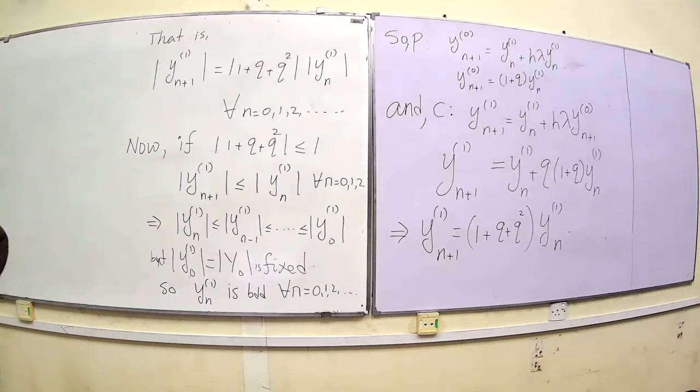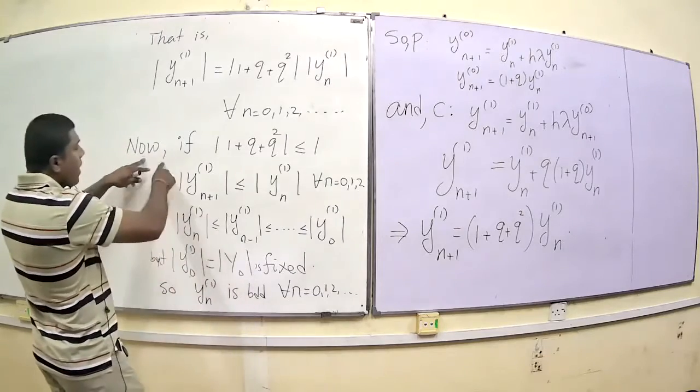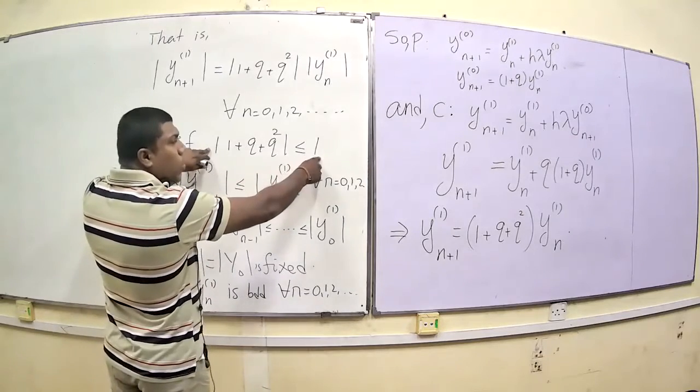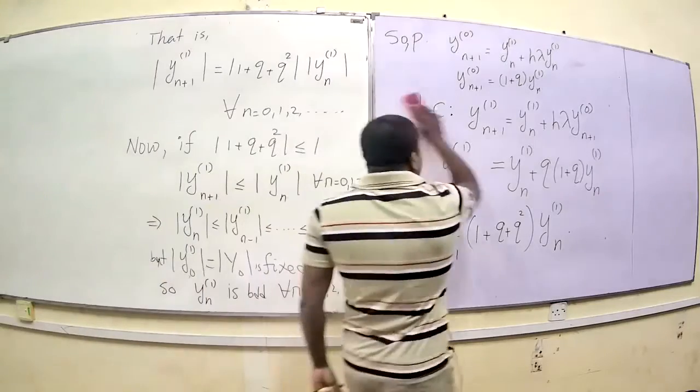That means the sequence of iterations is bounded, and that is the definition we see for absolute stability. So this boundedness condition holds only if this inequality holds. We can summarize this.